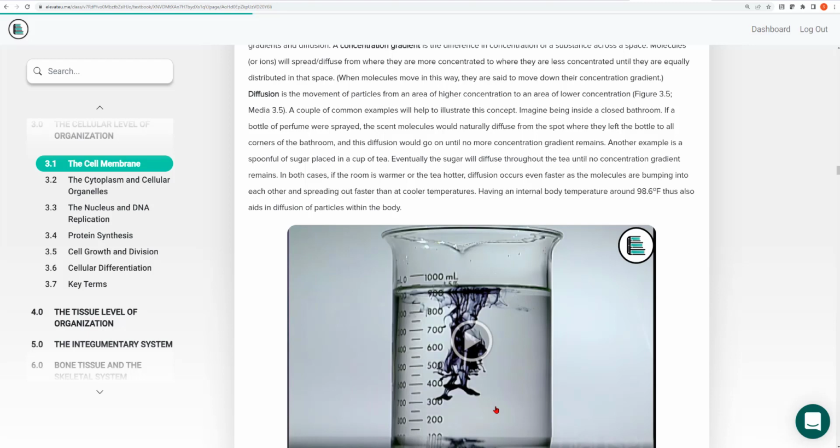You may not smell it on the other side of the room immediately, but within a few minutes or maybe less time, eventually those scent molecules will waft through the room, and you'll eventually smell that cologne in all places. Again, the cologne is going from an area of higher concentration in the corner and eventually permeates to a place of lower concentration.